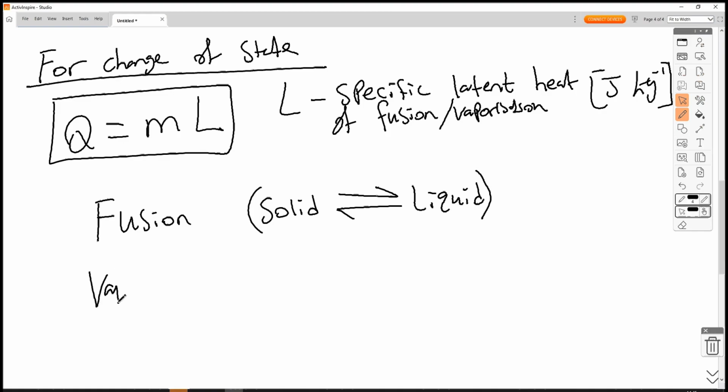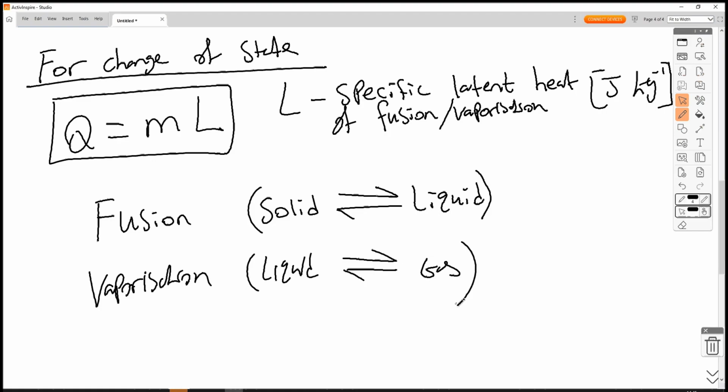And vaporization is from liquid to gas, or the reverse. So for each material, say water, H2O, the specific latent heat of vaporization and specific latent heat of fusion will be two different numbers. So you have to pay attention, especially in a multi-step process, what's happening in each process.